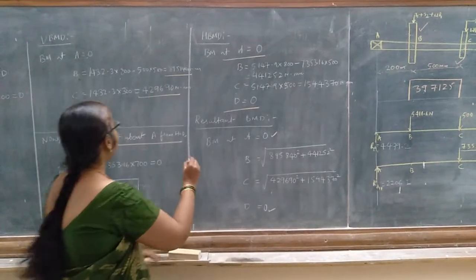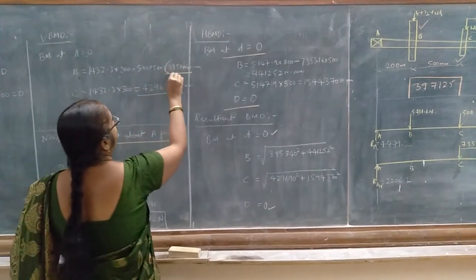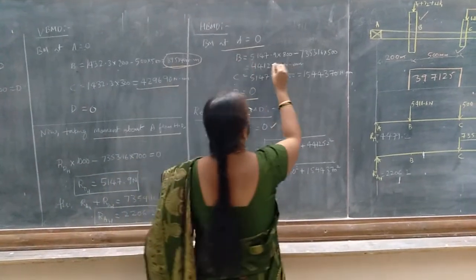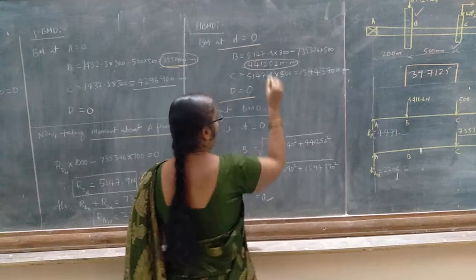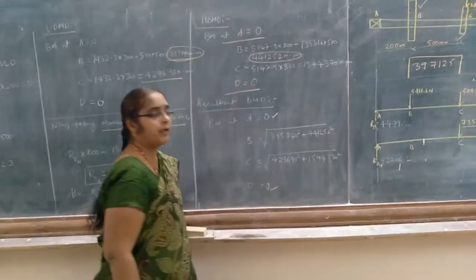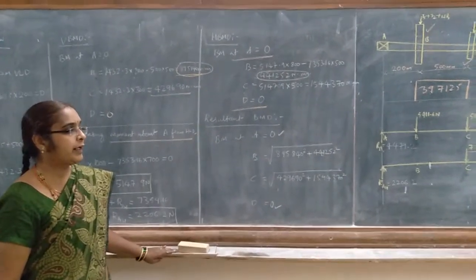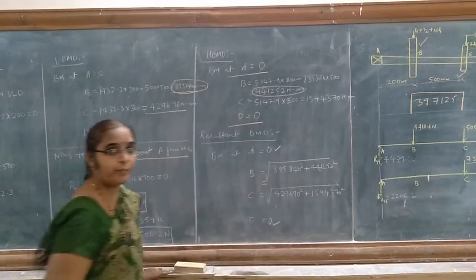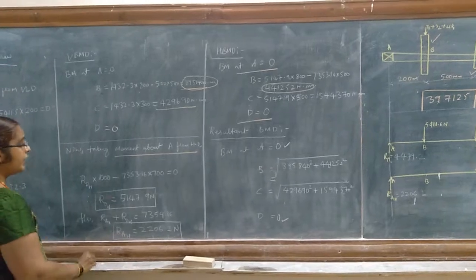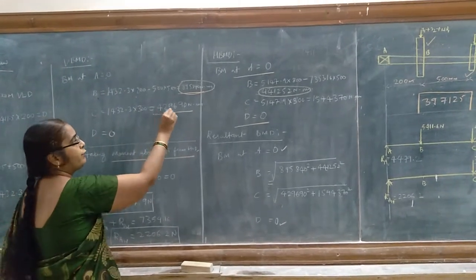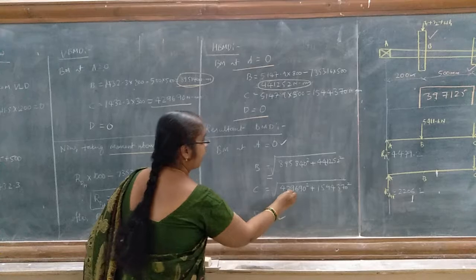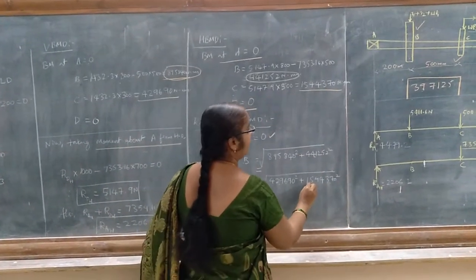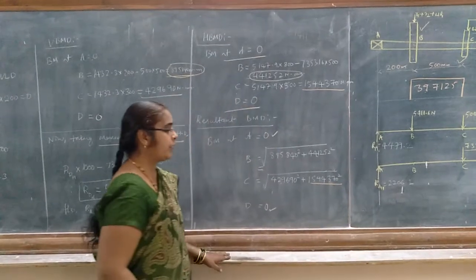Now B. At point B, take the vertical value squared plus the horizontal bending moment value squared, put them under a root and get the resultant bending moment for B. Similarly, at C, we got the bending moment as 429690 whole square plus 1544370 whole square.